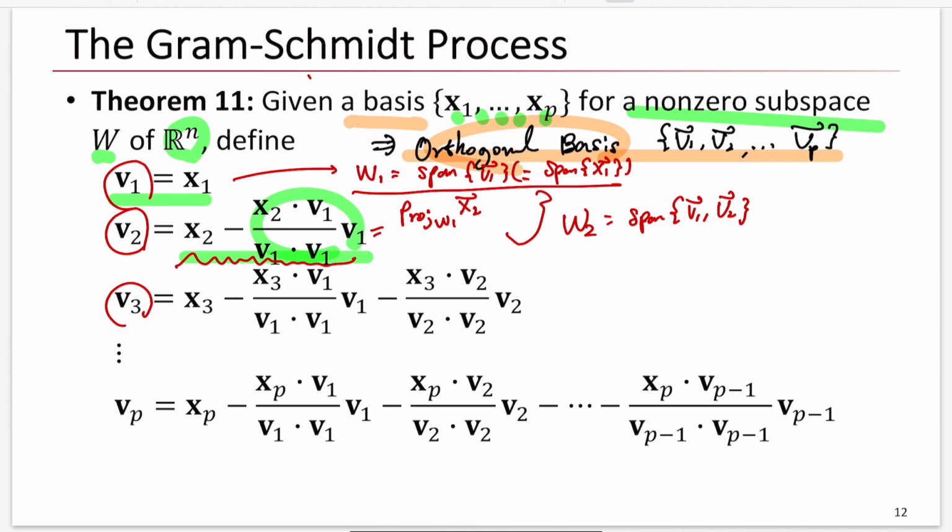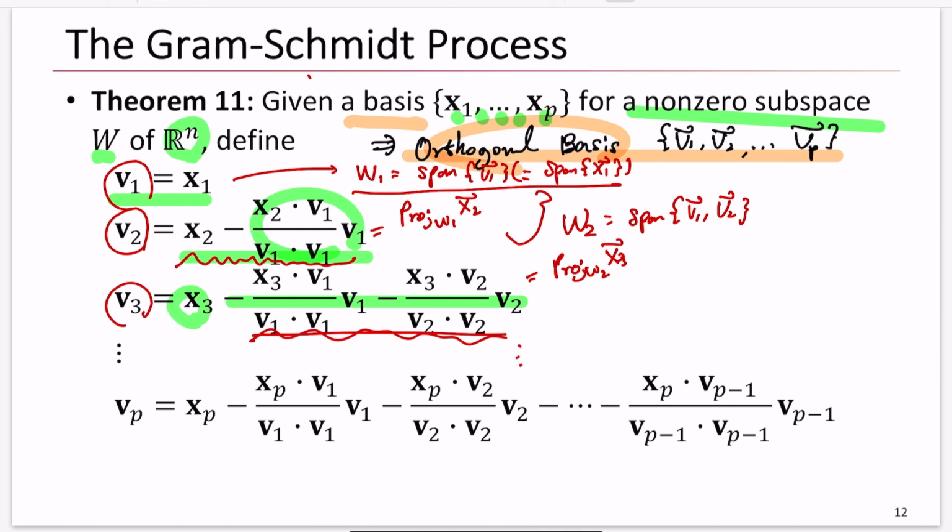Then, when you have x3, v3 is going to be x3 minus the orthogonal projection of x3 onto W2.